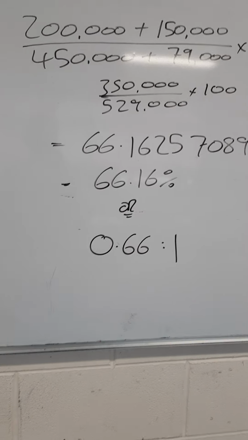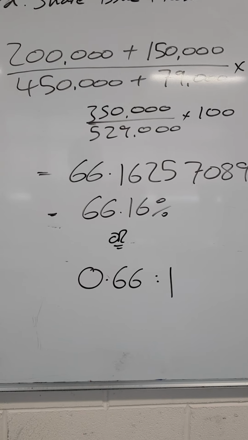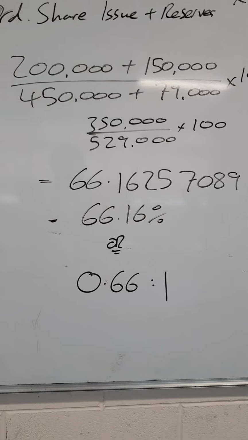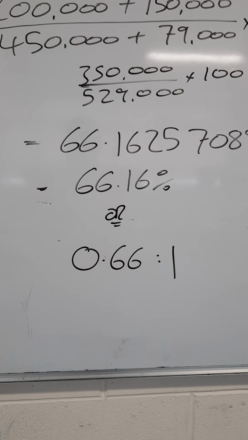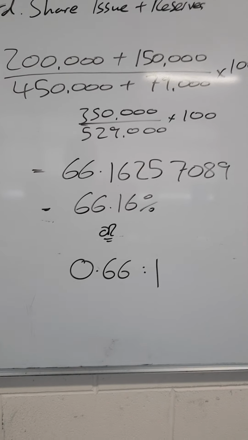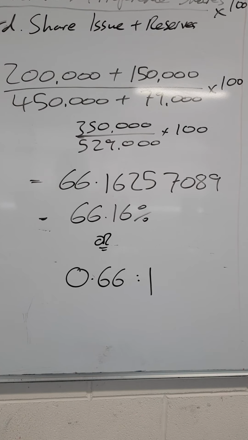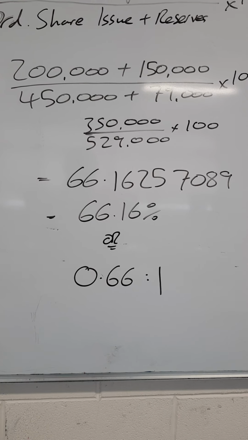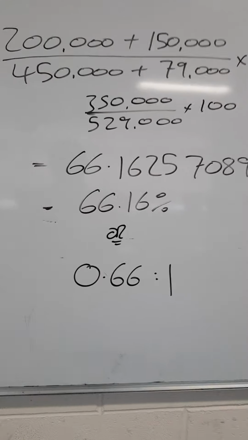I would actually prefer with this ratio not to multiply it by 100, and put it like you would put your acid test ratio, to the ratio of 1. So what you're saying there is 0.66 to 1. For every €1 of equity capital you have, for every €1 of ordinary share and reserve, you've got 66 cent of fixed interest capital.